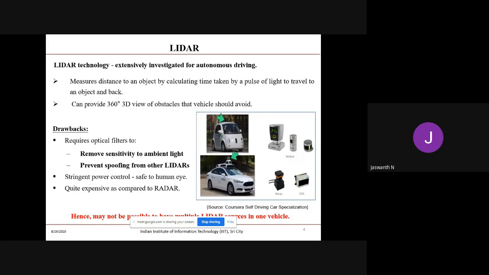Mainly, it is used to find the precise distance of an object in relation to us. So, these sensors understand the world in 3D using laser beams and measure the time it takes for the laser to come back. And it can detect obstacles up to 300 meters and also can visualize in all directions. That is, it can provide a 360-degree, three-dimensional view of obstacles.